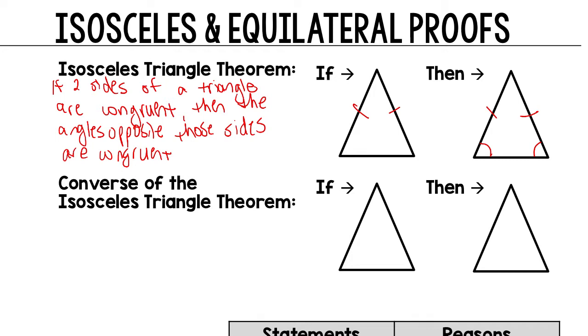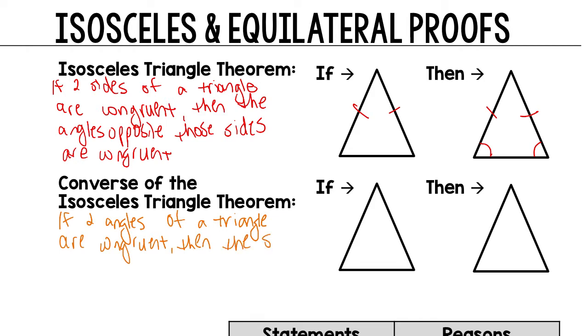The converse of the isosceles triangle theorem says if two angles of a triangle are congruent, then the sides opposite those angles are also congruent.